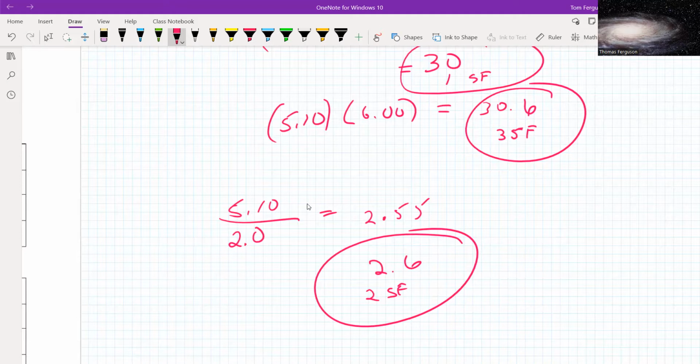So those are operations involving significant figures for multiplication, division, and exponentiation. What about addition, subtraction? The rules are similar, but not the same.